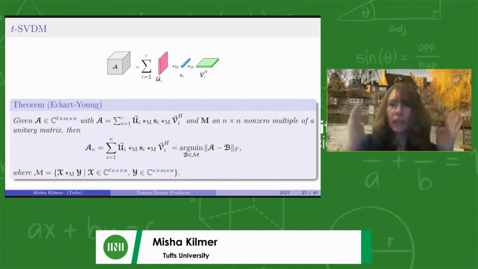Again, M has to be fixed. Once M is fixed, the decomposition is fixed and the approximation is fixed. So different M, different decomposition, and possibly different error in the reconstruction.